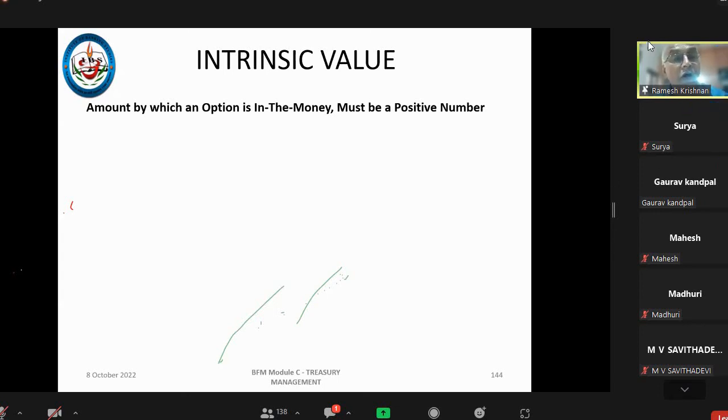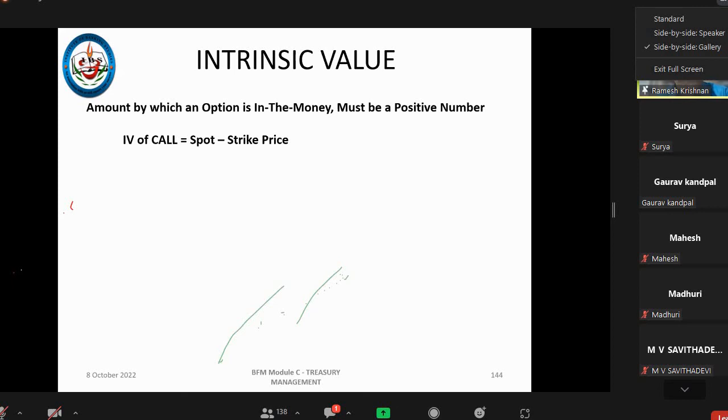An amount by which an option is in the money must be a positive number. Otherwise, if you let it expire, it is out of the money, so you don't look at how much; it doesn't have any value. Only a positive number is given as the intrinsic value. The intrinsic value of a call is spot price minus strike price.